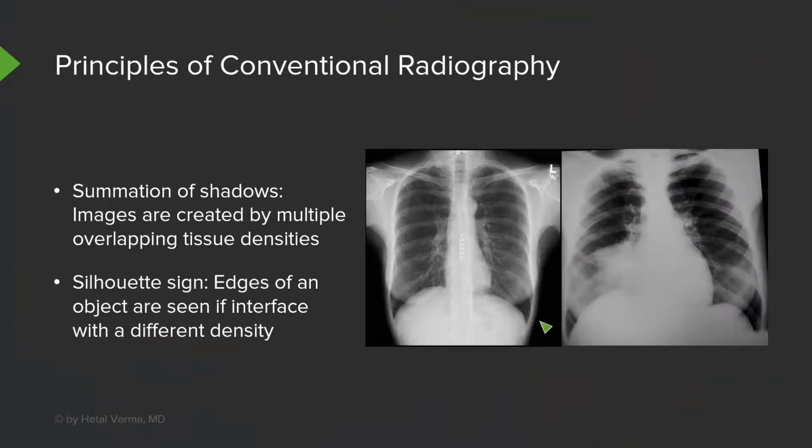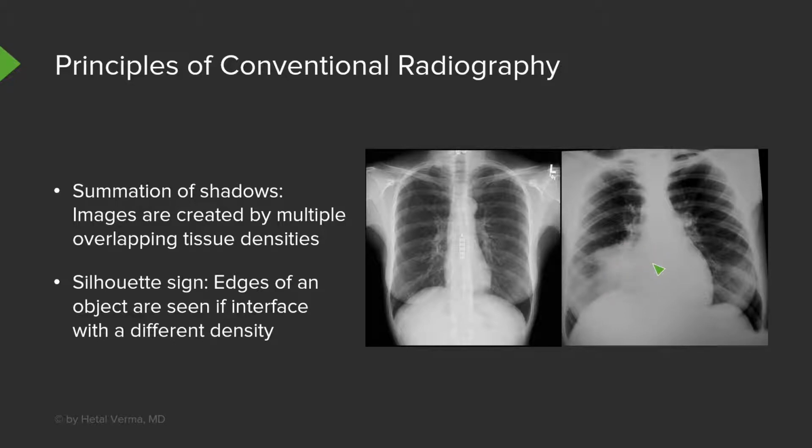So as you can see here, this area appears very dense, and that's because you have overlapping of multiple objects, or a summation of shadows. We have the thoracic spine, we have the heart, and we have the mediastinal structures all overlapping with each other here. You can also see that it's actually a little bit difficult to differentiate here between something that's going on in the lung and the right heart border.